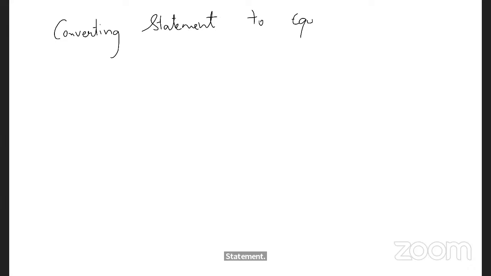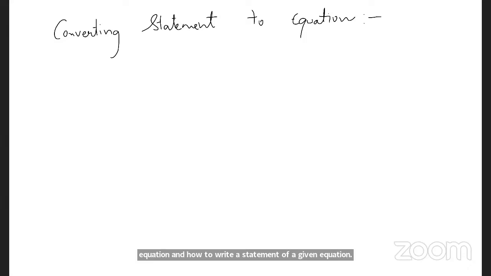Now let's see how we can convert a statement into an equation. You should know how to convert a statement into an equation and how to write a statement of a given equation. Both the things. Right now we will convert this statement into an equation.